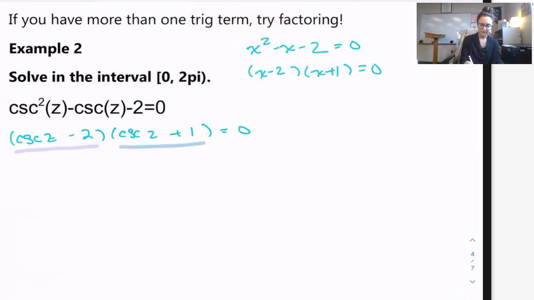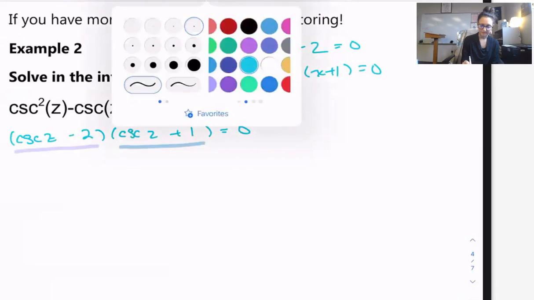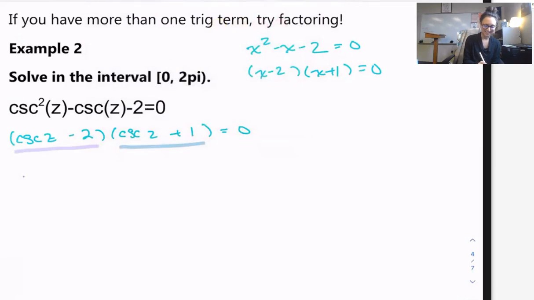All right, so let's try that. I'm going to take cosecant of z minus 2, set that equal to 0, and I'm going to take cosecant of z plus 1 and set that equal to 0.